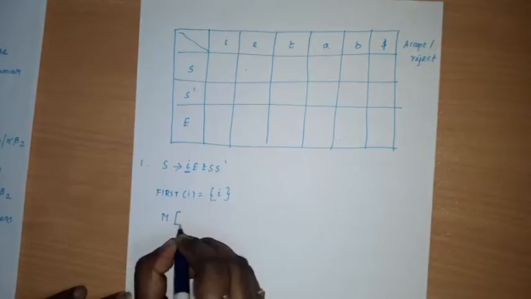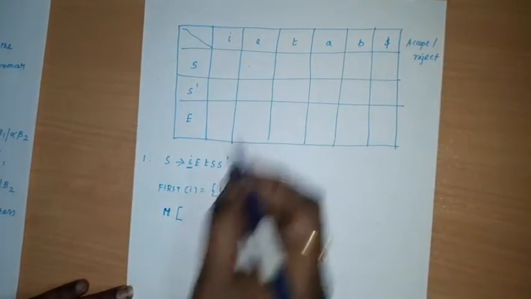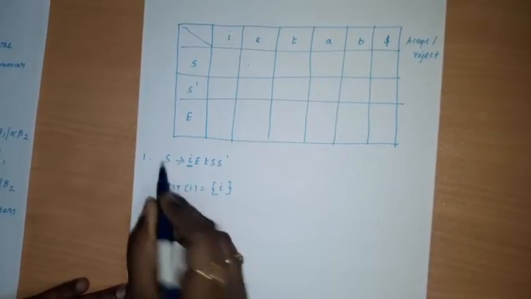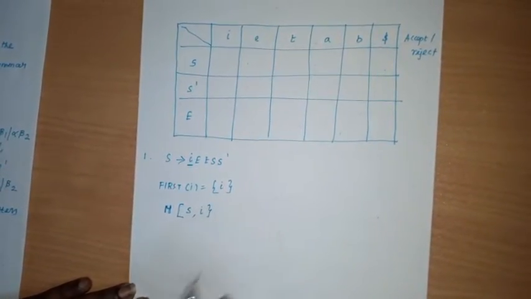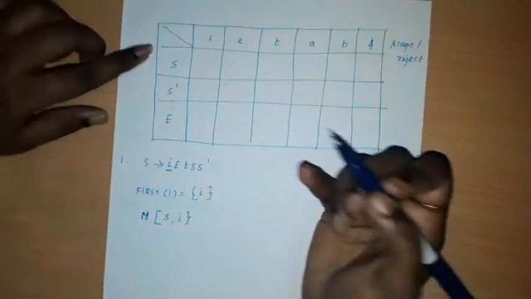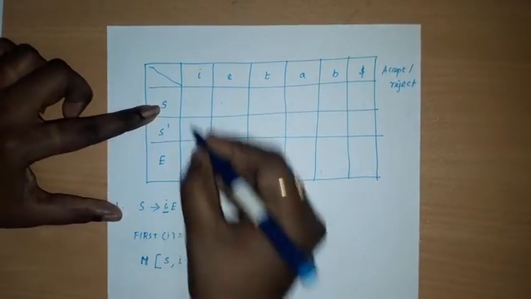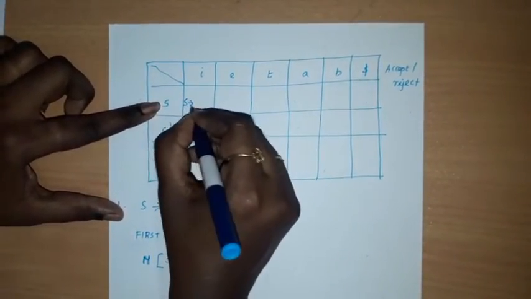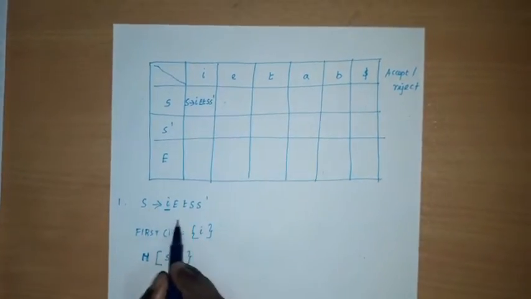M stands for making the table entry of the head of the production, S comma, what is the result? That is i. Making table entry of S comma i. So in table S, i, we have to write this production, S tends to iEtSS'. This is the first production.